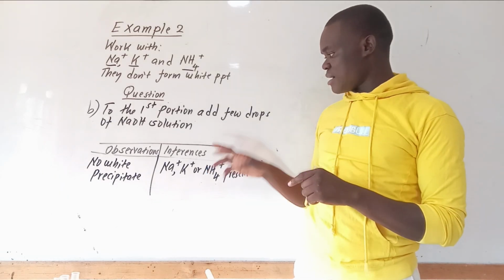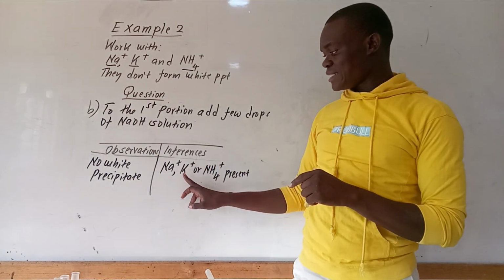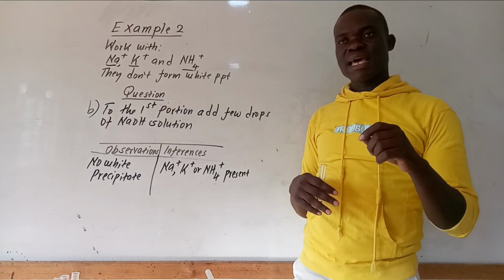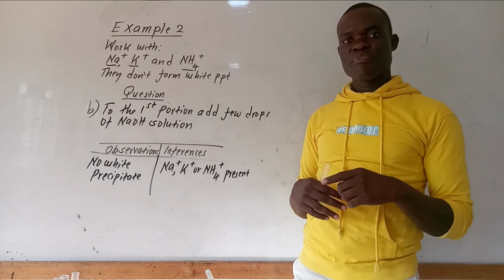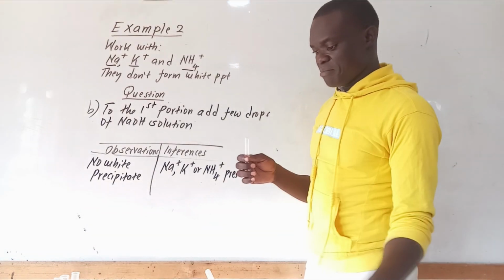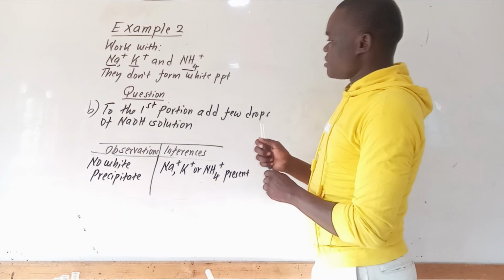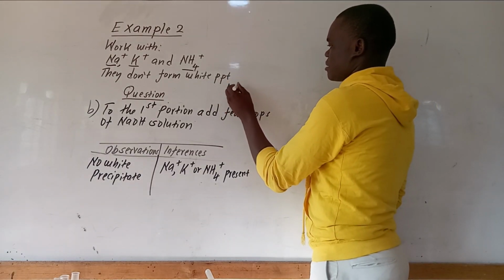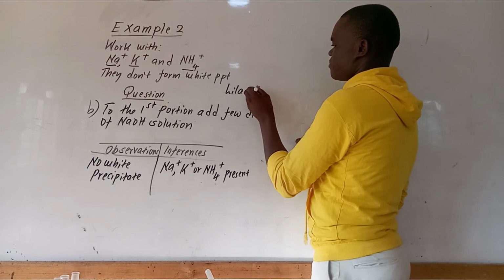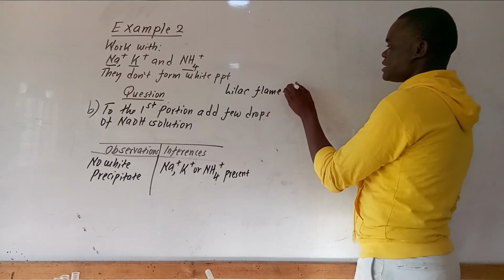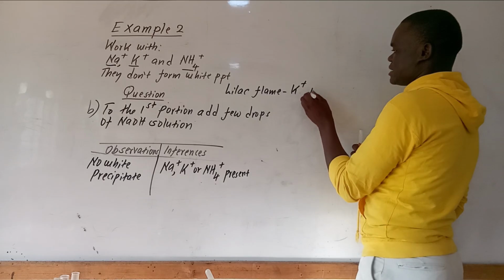But if potassium is present, when we burn the solid it burns with a lilac flame, or pale purple flame, that means that potassium ion is present.